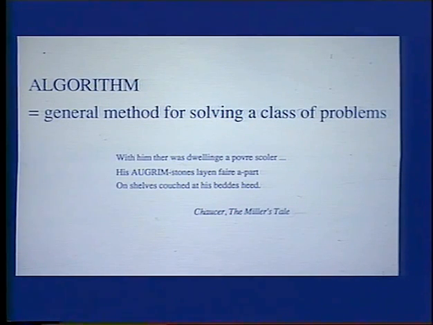By the way, there was an earlier and slightly more corrupt form of that name that came through in the time of Chaucer, and he called these things orgrims, but that name didn't stick. So today we have algorithms, general methods for solving equations, or general methods for solving problems, I should say. Now, back to our quadratic equations.